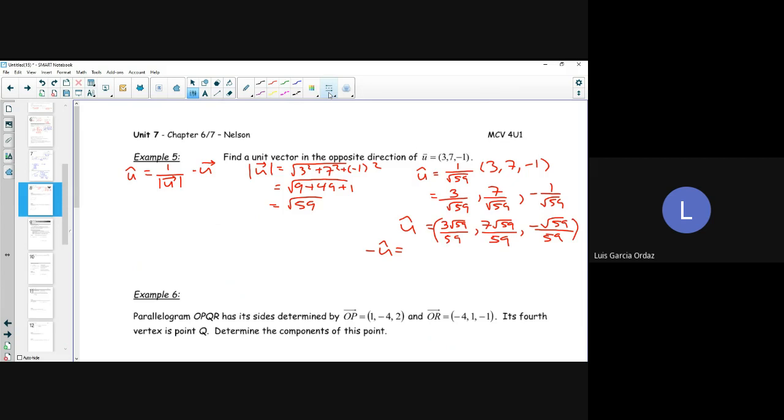When it's the opposite direction, all we're doing is flipping the sign. So my unit vector in the opposite direction is negative 3 root 59 over 59, negative 7 root 59 over 59, and positive root 59 over 59. So this is my unit vector in the opposite direction.